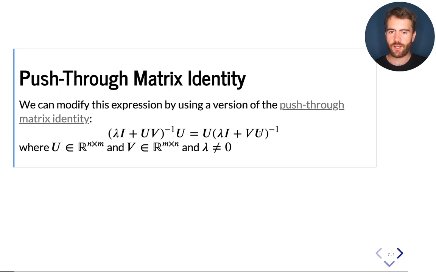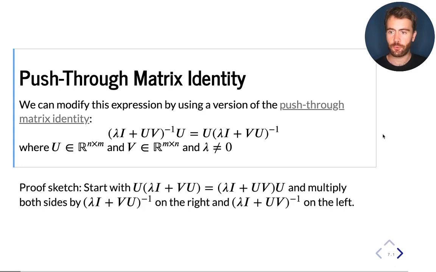This is an identity in linear algebra. It is not very important to show the proof, but the proof is actually really simple if you want to look at it as an exercise.